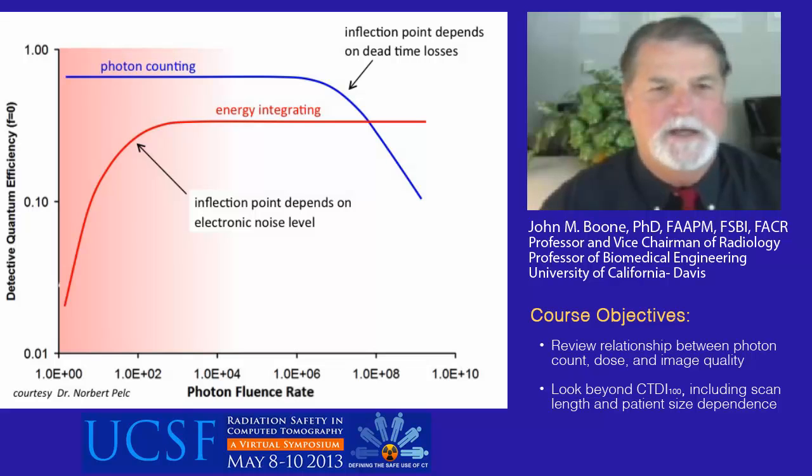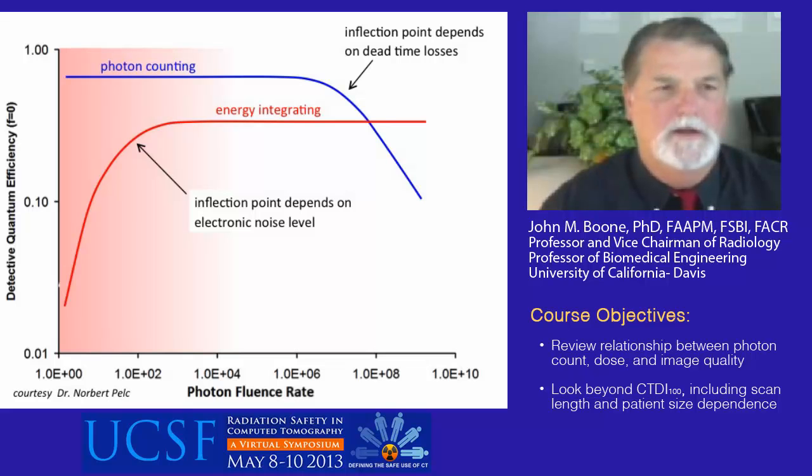Energy integrating detectors, on the other hand, suffer from electronic noise at low fluence rates, but then perform well at high fluence rates. And so the hope with photon counting is that we can overcome some of this electronic noise, and that'll allow us to reduce some of the X-ray doses without the addition of the electronic noise.